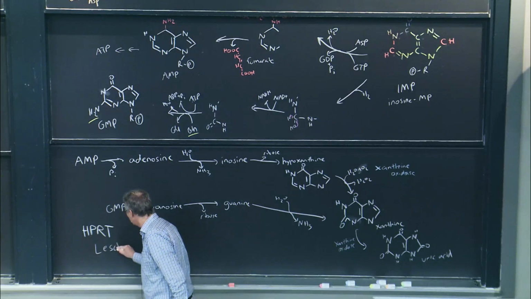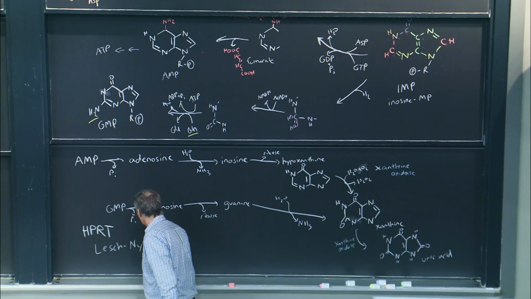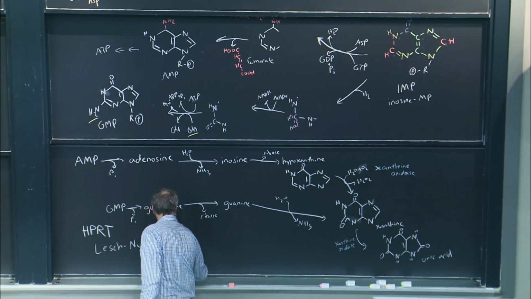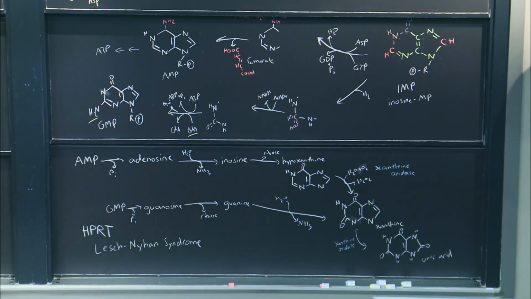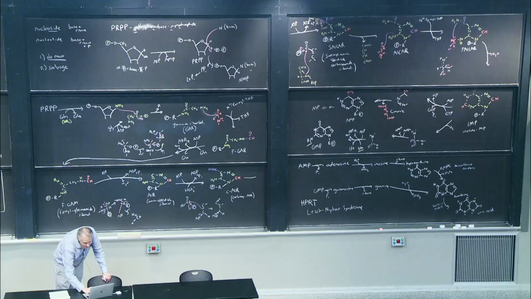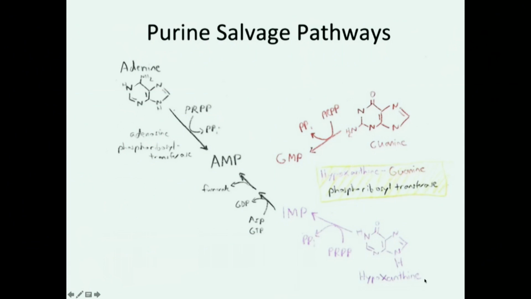HPRT deficiency is what causes Lesch-Nyhan syndrome. And it's an inborn error of metabolism. You're deficient in this HGPRT enzyme, which means you can't salvage guanine or hypoxanthine.